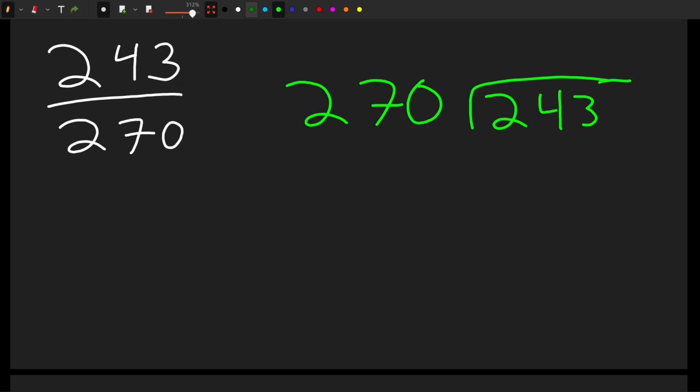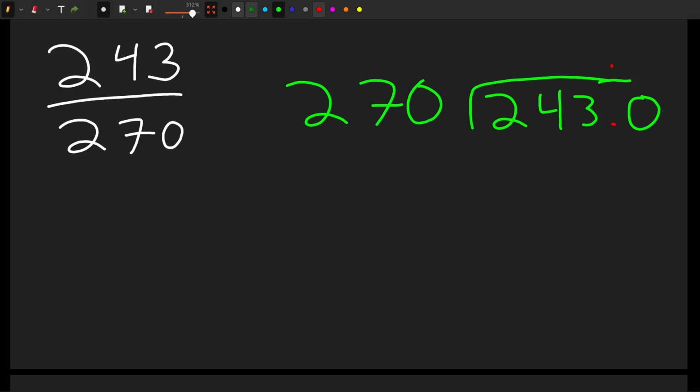Can 270 go into 243? No, it can't, so I need to add a decimal point and a 0. And so now can 270 go into 2430?